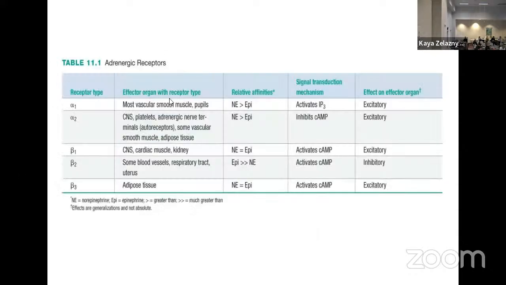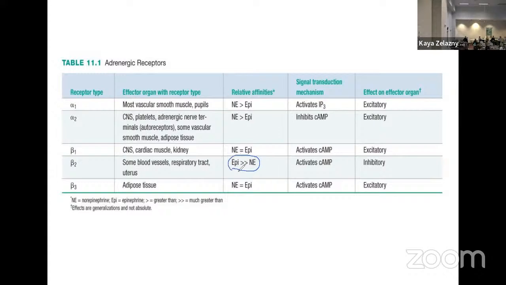So finally, we're going to notice differences between our beta receptors. Right, so between the beta receptors, one of the things we can focus on to pick out one from all the others is we can notice that one of our beta receptors really, really likes epinephrine.